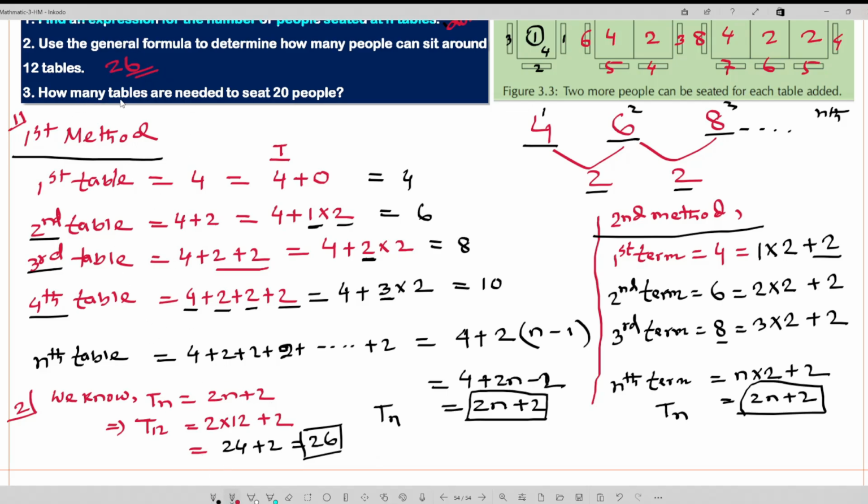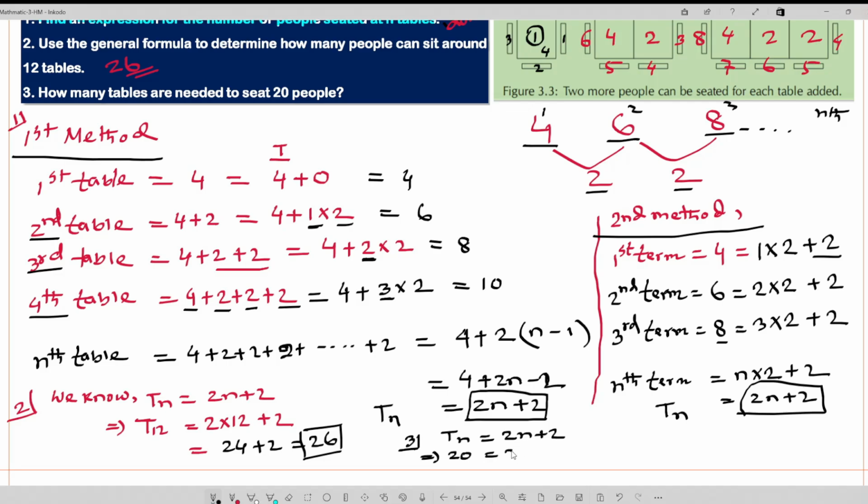Third question: how many tables are needed to sit 20 people? How many persons are needed? So what will be the answer? We can write it here. Question 3, Tn equals 2n plus 2, so 20. We need to find out how many tables are needed.